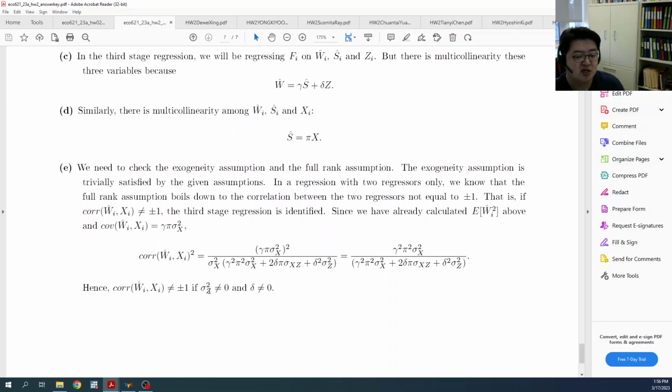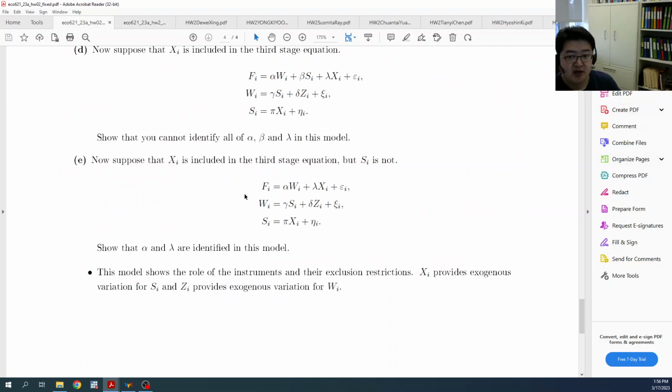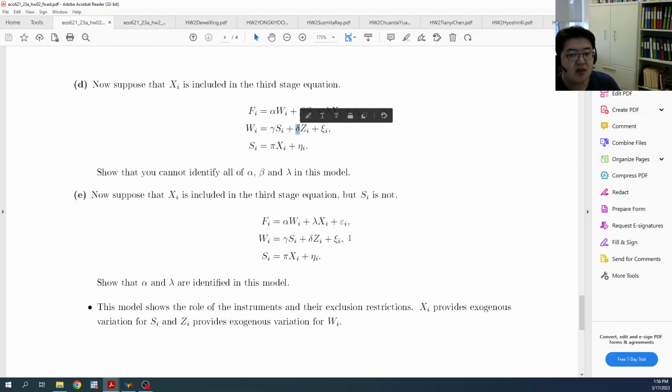The instrument should have some variation. The variance of the instrument is not 0. And delta is not 0. Delta, you can think of it as the correlation between W and Z. So W is the only endogenous variable in your main regression. So for identification, W must have some correlation with an instrument.